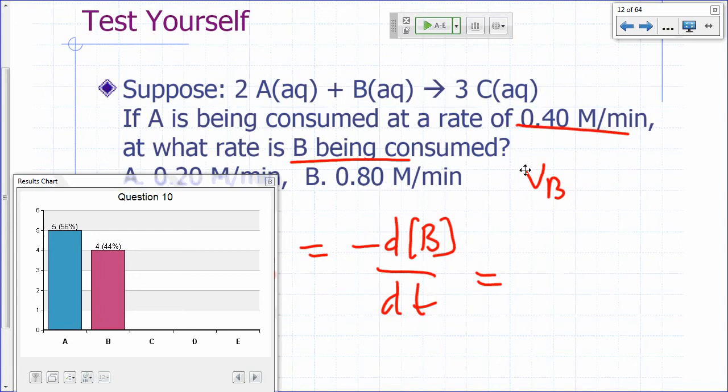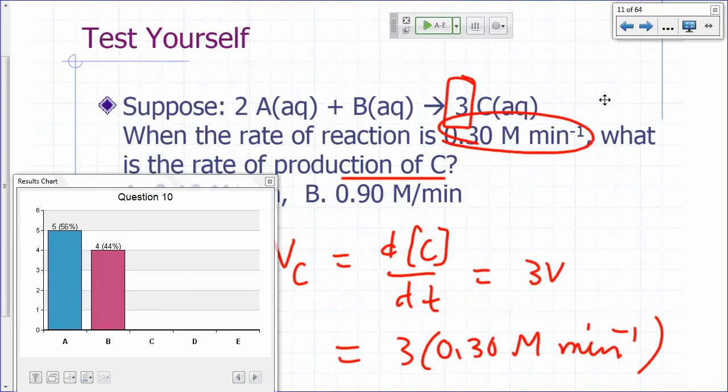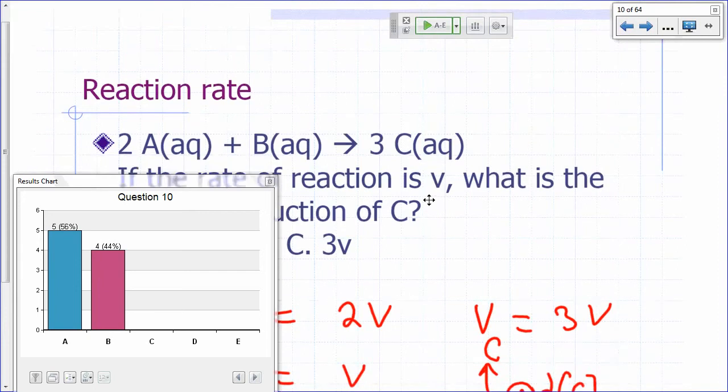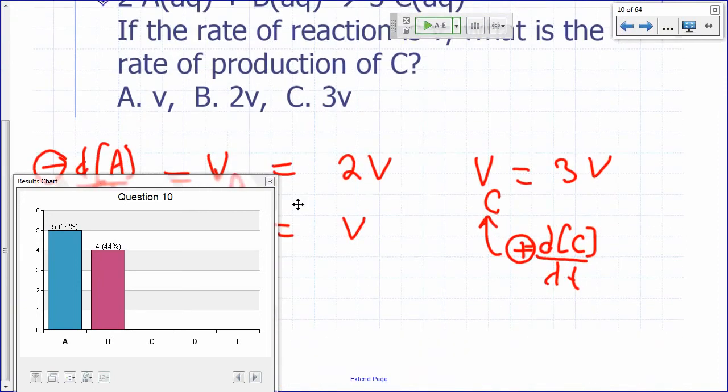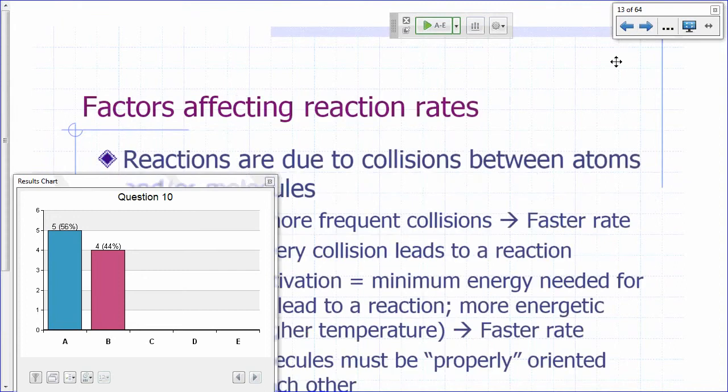V sub B is equal to 2 times V, right? Remember, V sub C is 3 times V. V sub A is V. Oh, it's a different one. So let's do it over.